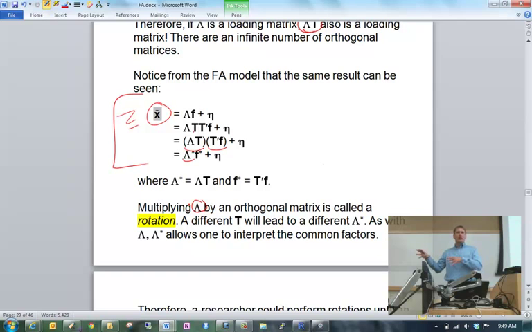And we will look at the graphical interpretation shortly, although we won't necessarily get into the details. What one can actually show is that this T matrix here, especially in the case where you have two common factors, can be written in terms of sines and cosines. And that allows you to do some rotation of your x, y axes.